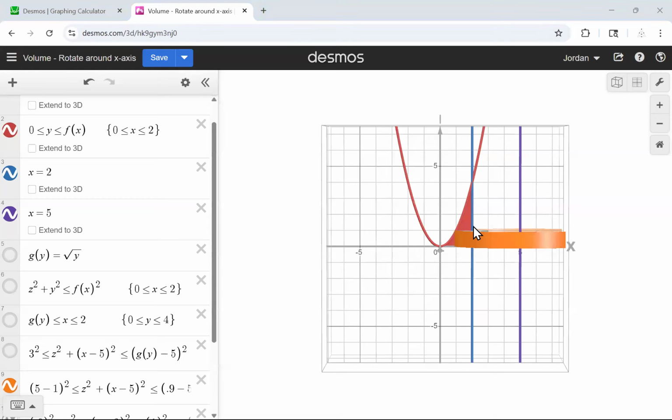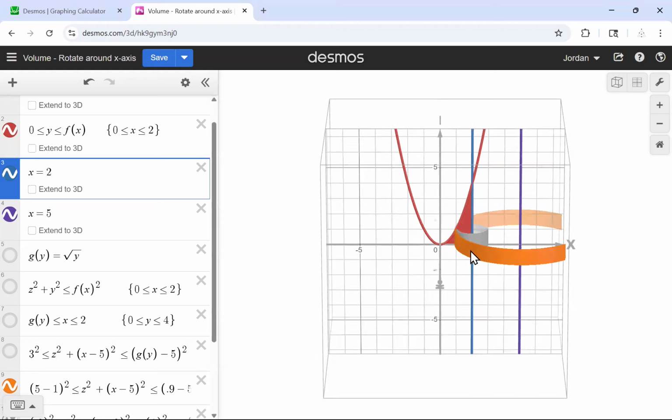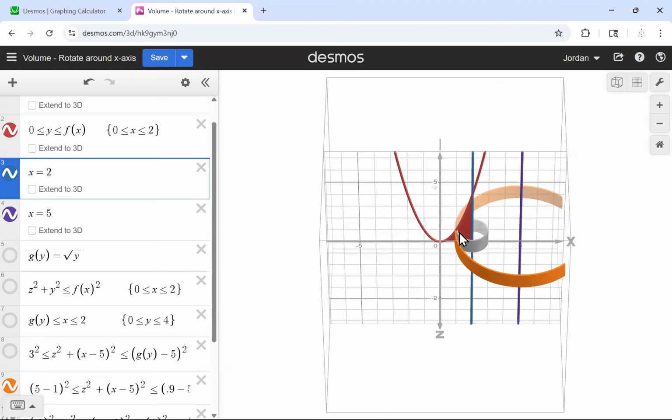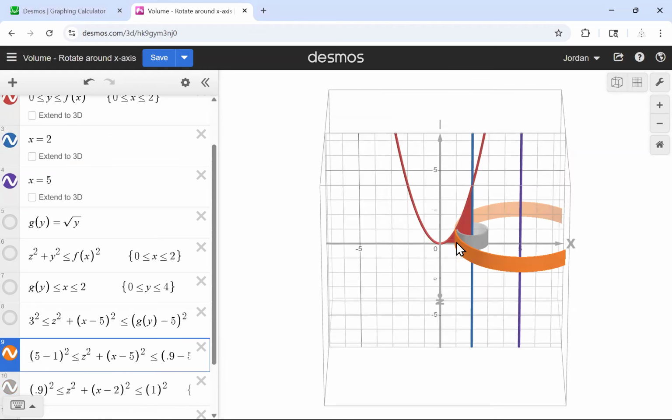Now, pictorially, why we don't have to adjust the height is because in the last problem, as you saw, we had these cylinders whose heights were determined by the curve to the x-axis, and they were rotated around the line x equals 2.